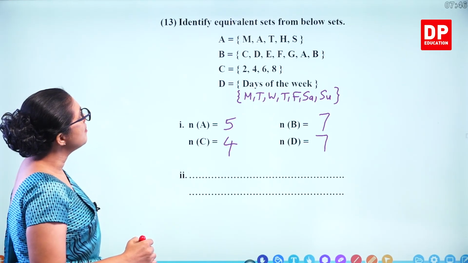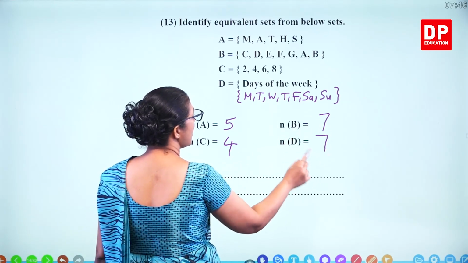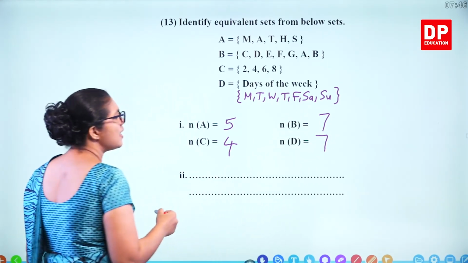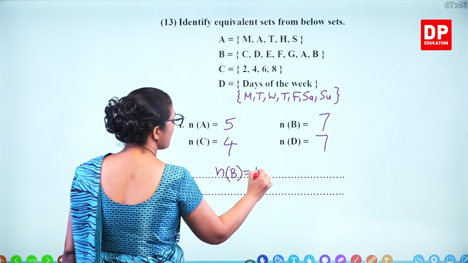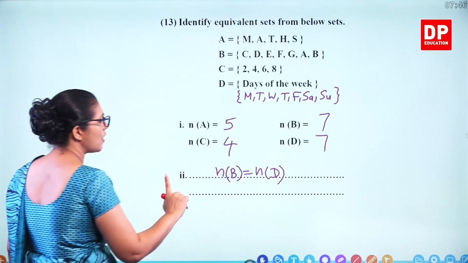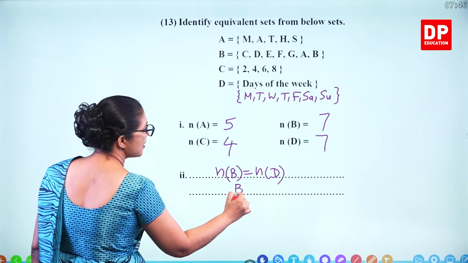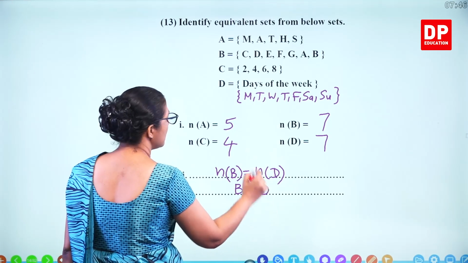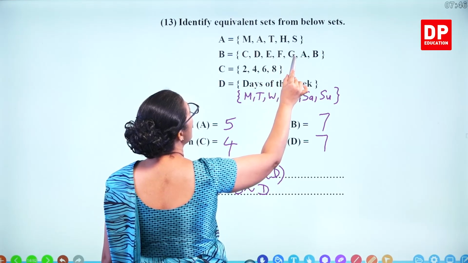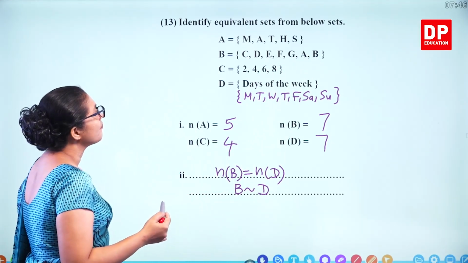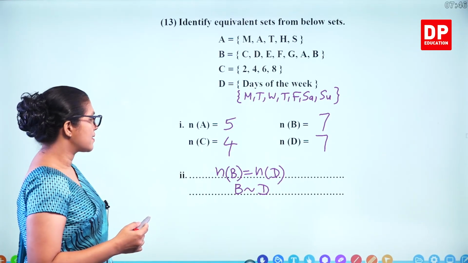What are the elements? So here, can you see? NB and ND are equal. Because of that, you can say these two are equivalent. Equivalent to D. Not these two. 1, 2, 3, 4, 5. 1, 2, 3, 4, 5, 6, 7. Here, only 4. So these two are equivalent sets.